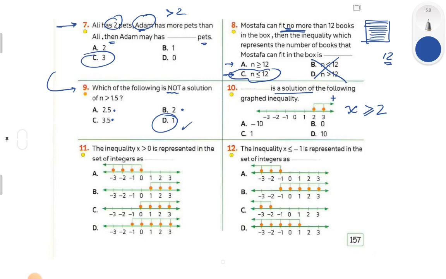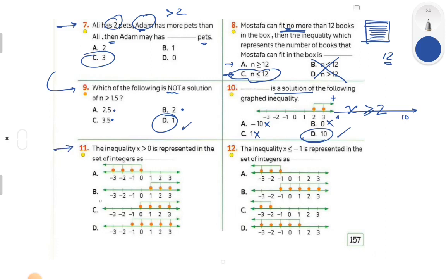Okay, now 0 is to the left. Minus 10 is to the left. 1 is to the left. Just 10 will come here. If I continue counting 4, 5, 6, 7, 8, 9, 10. So 10 is the correct choice.